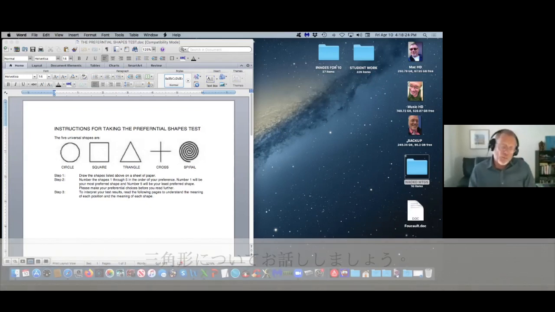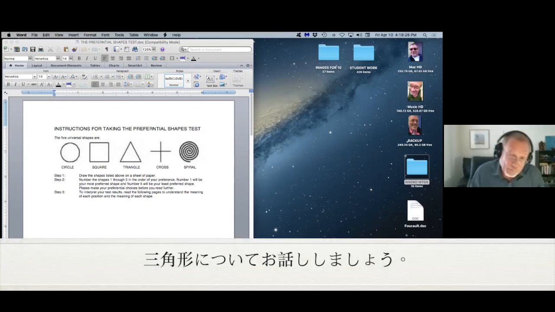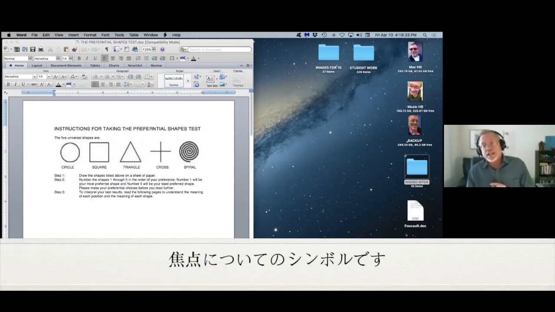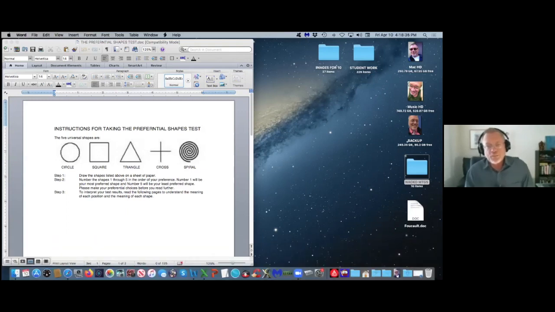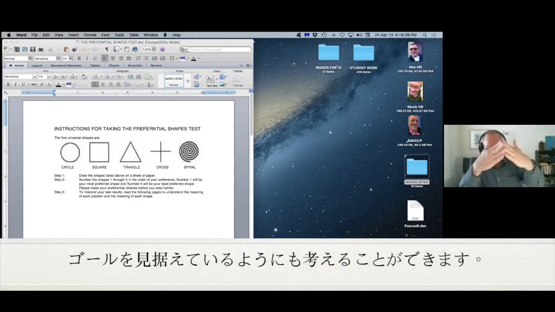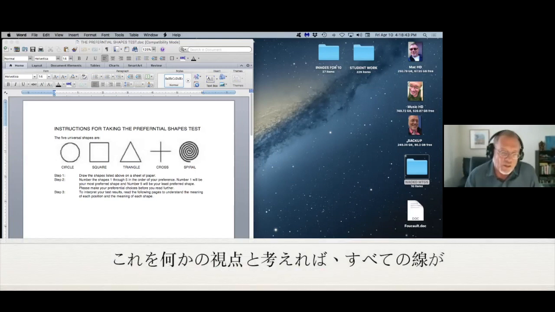And the triangle is the symbol of the quest or the search. It's about focus. If you look at the bottom of the triangle, it's like two eyes, and then they're looking at a goal, right? So this is the idea in perspective.